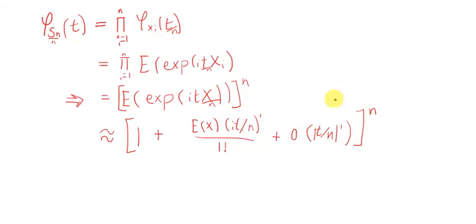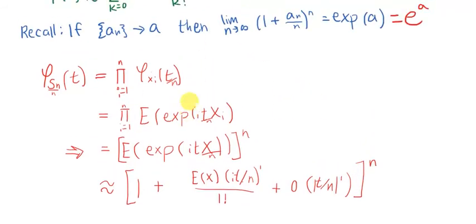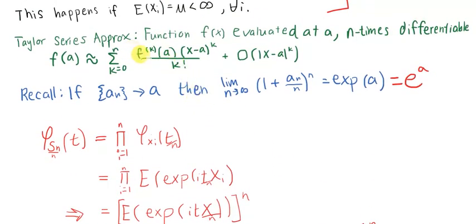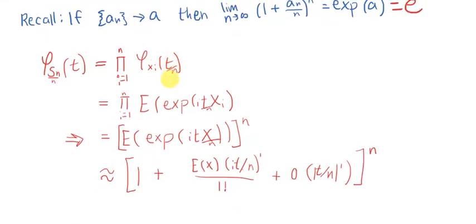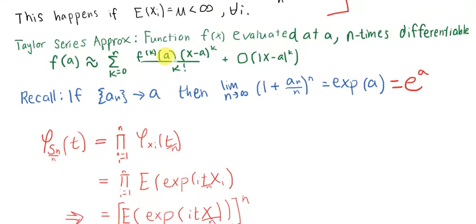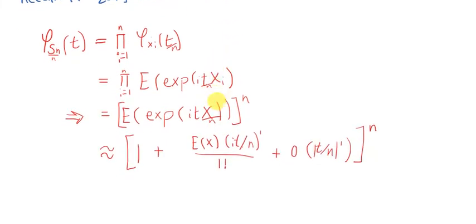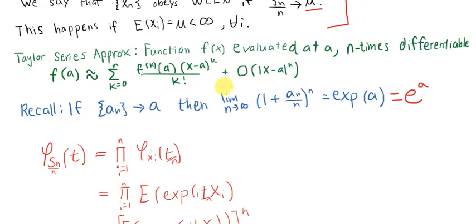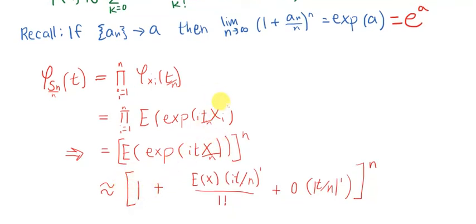And we still have that n power over here, and that comes over. The reason why we can do this is because at k equals 0, the 0th derivative evaluated at 0 ends up just being 1, and then 0 factorial is just 1, and (it minus 0) to the power of 0 ends up being 1, which is how we get 1 here.